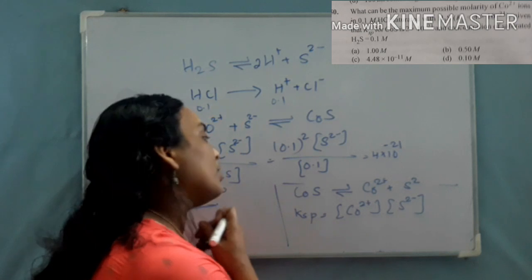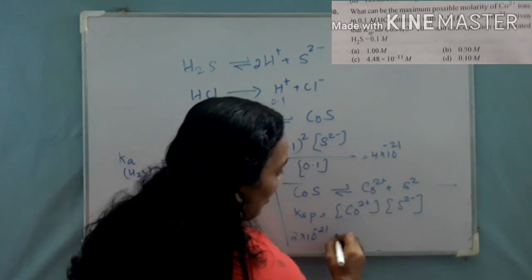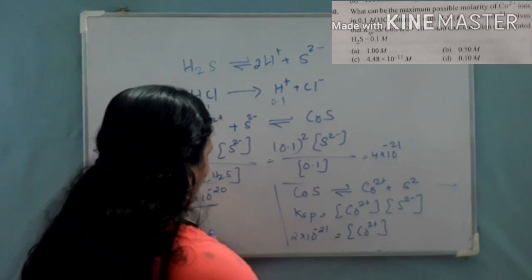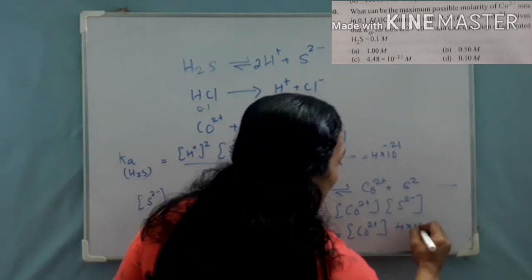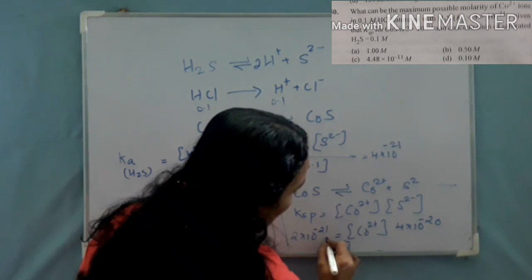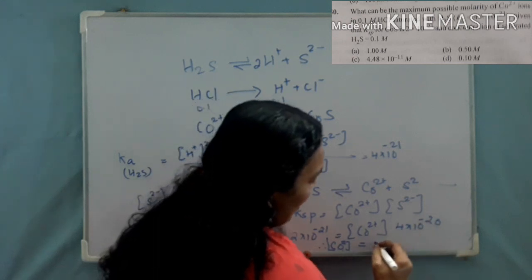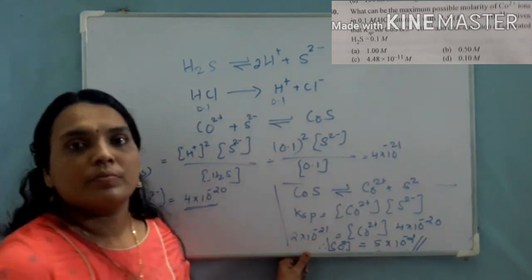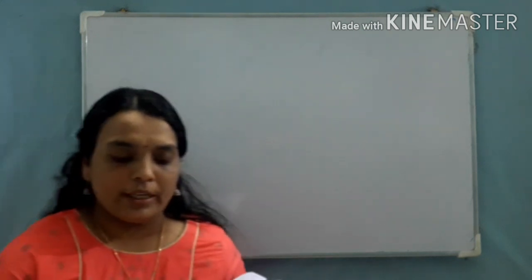KSP of CoS is given: 2 into 10 raised to minus 21 is equal to molar concentration of Co2 plus into molar concentration of S2 minus, which we already calculated as 4 into 10 raised to minus 20. Therefore, molar concentration of Co2 plus is equal to 2 into 10 raised to minus 21 by 4 into 10 raised to minus 20, that is equal to 5 into 10 raised to minus 2. Clear? Okay.